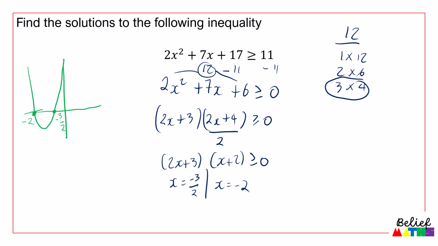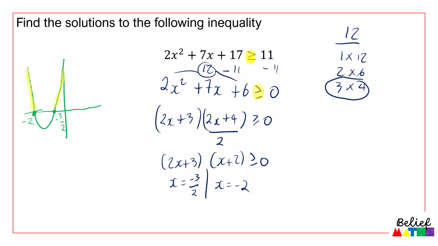Now in this case, it asks us to make it greater than or equal to 11. So because, as you can see down here, we made it greater than or equal to 0, it means it needs to be above the line. So it's represented by this section and this section. Now as we know, they continue to get further and further either side.